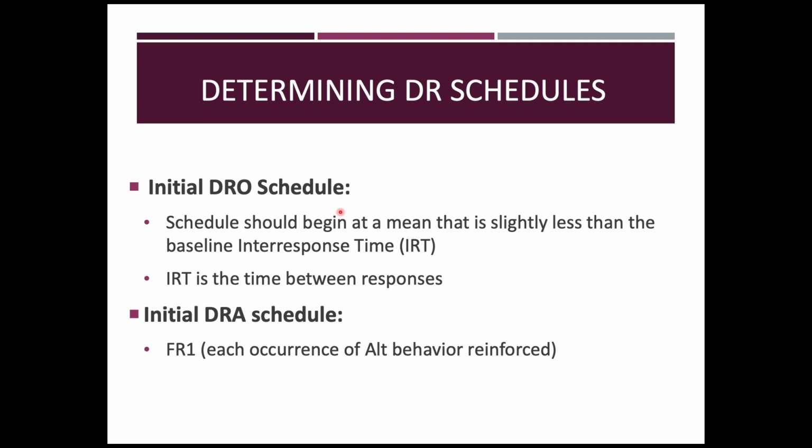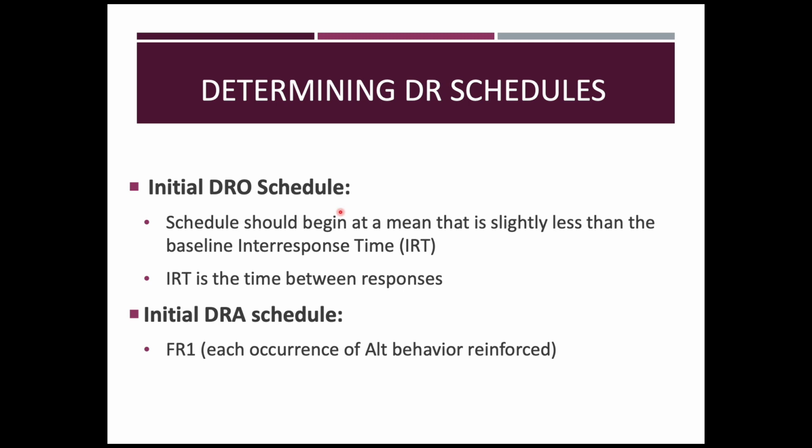Well, if we've done several baseline observations and recorded the appropriate data, we could determine on average the time between responding. So let's say we do the IRT calculation and determine that the average inter-response time during baseline is 30 seconds, right? That means the problem behavior is at such a high rate that, on average, there's about 30 seconds between each instance of problem behavior.